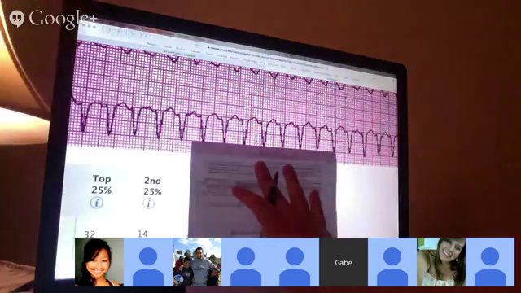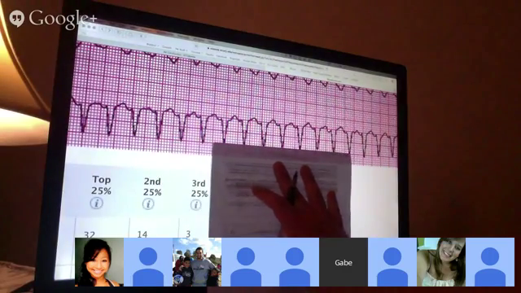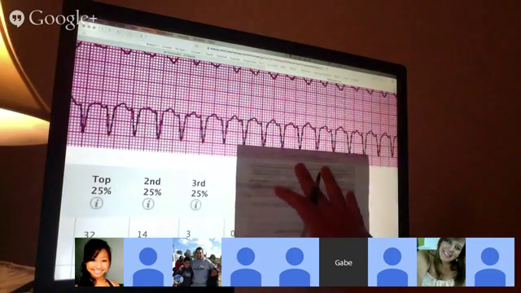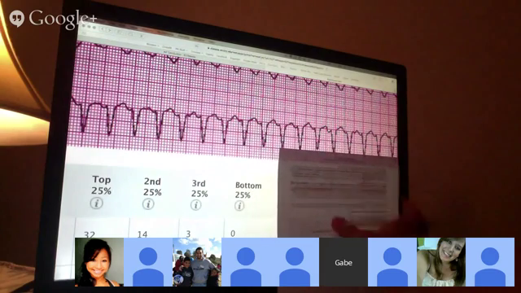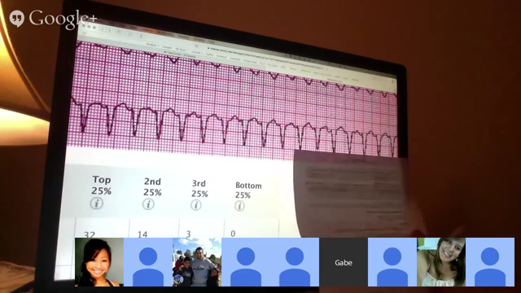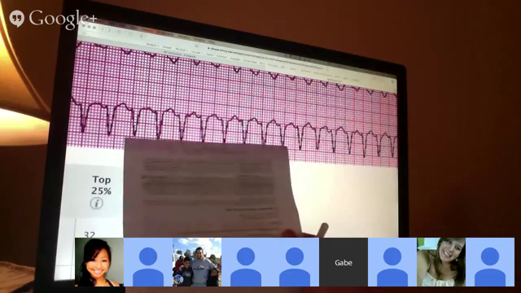I can slide this along and see that all of these are regular. They're all following the same interval. Everybody see that? This is essentially what you do when you have calipers. But you don't need calipers, you need a sheet of paper.